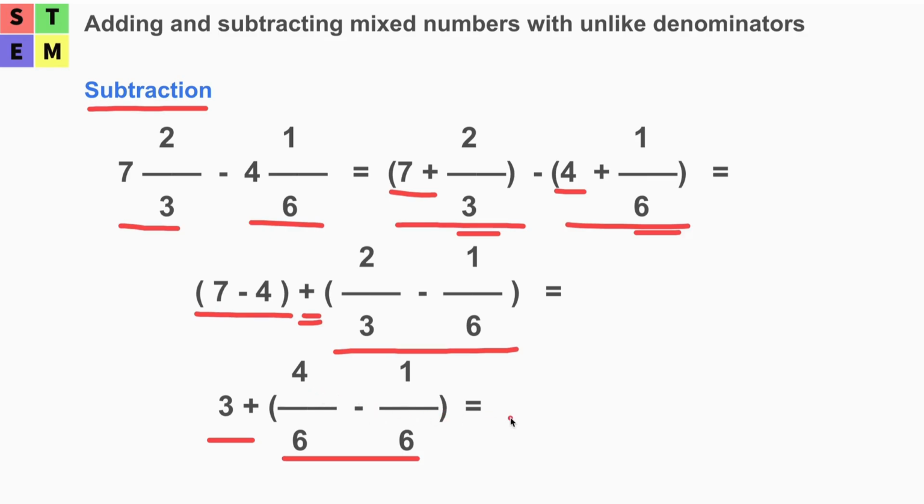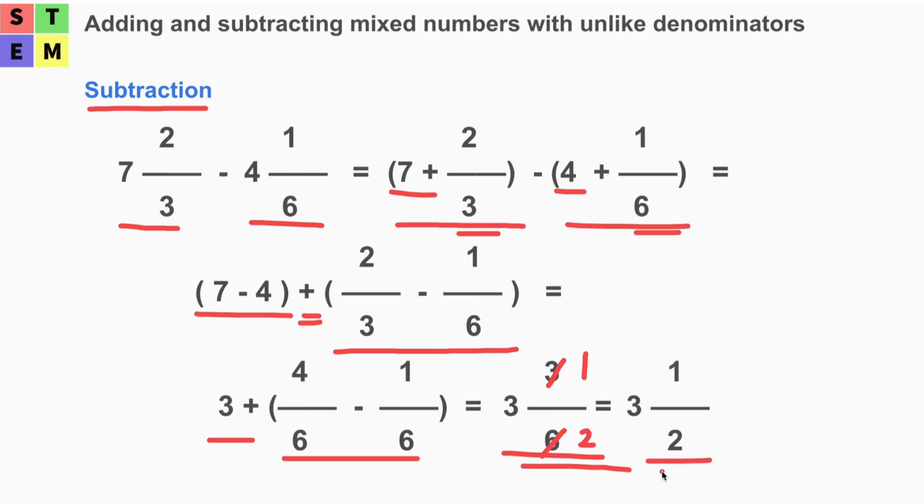So we'll have 3 and 3 over 6, right? So we need to simplify this. Of course, 3 and 6, so basically that's 1 over 2, right? So that's the result, 3 and 1 over 2. That's the first example of the subtraction.